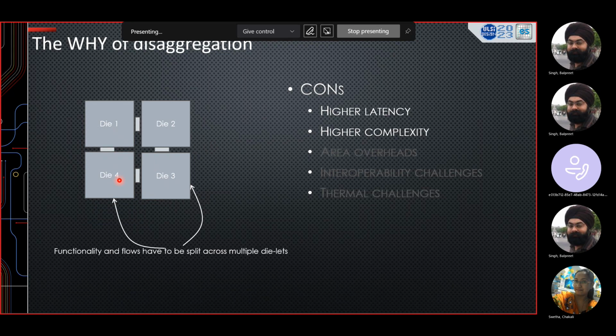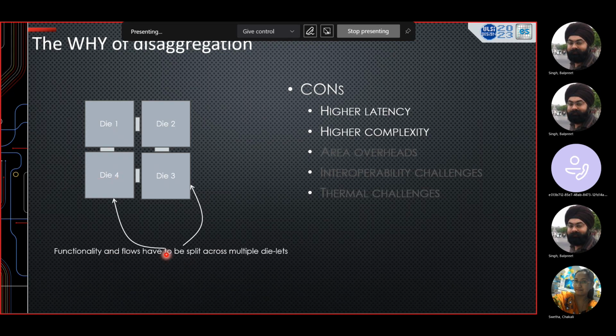Higher complexity, obviously. You had all your functionality, all your logic in a single monolithic solution, and now you need to have a way to partition it. You need to think through what logic goes where, what logic has to be bundled with what. All of these things need to be planned through, and that brings in a lot more complexity. We'll see some other aspects of this as we go further in our slides.